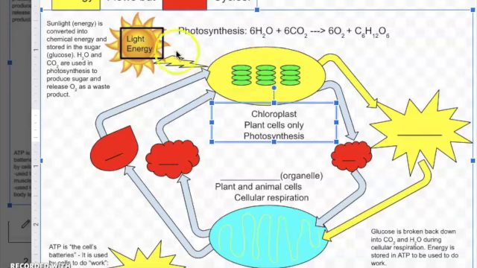So chlorophyll is capturing that light energy, and because of that light energy, the plants are able to take their reactants, water and carbon dioxide, and turn them into oxygen and this glucose molecule.